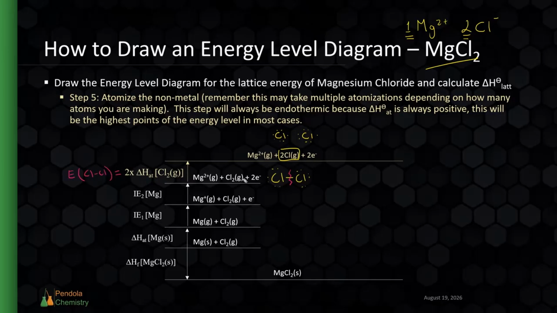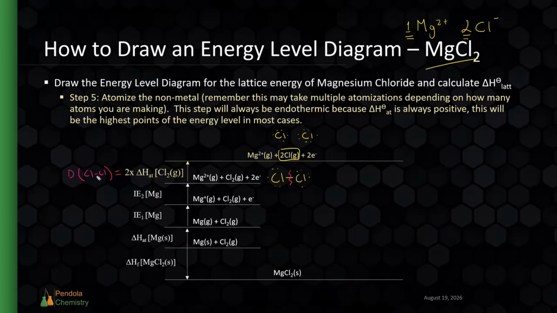Because we're in the gas state already, we're breaking the bond. So whether we call this the enthalpy change of atomization of chlorine times 2, or we call it the bond energy of chlorine, and this will actually be a D, not an E. Oops. Or we call it the bond energy of chlorine, it's the same thing.